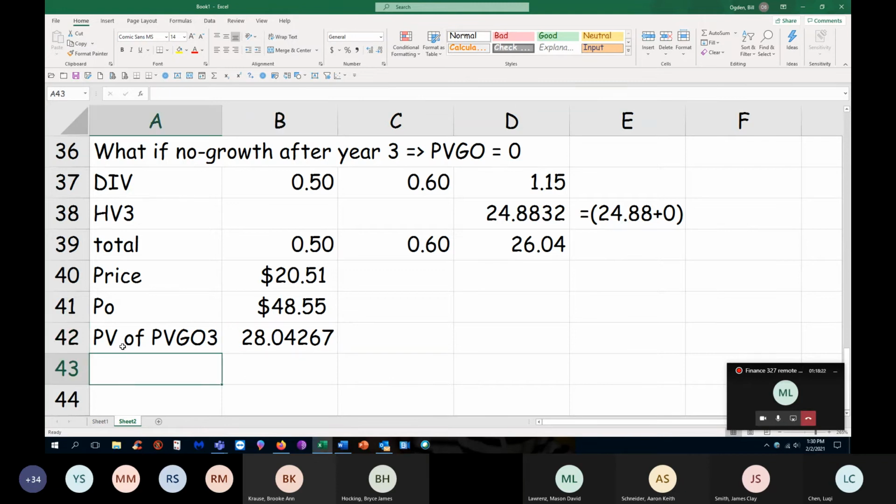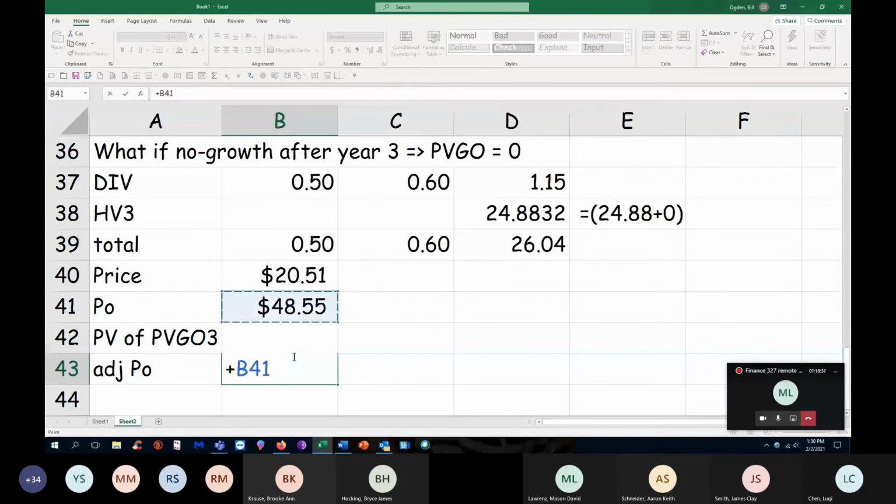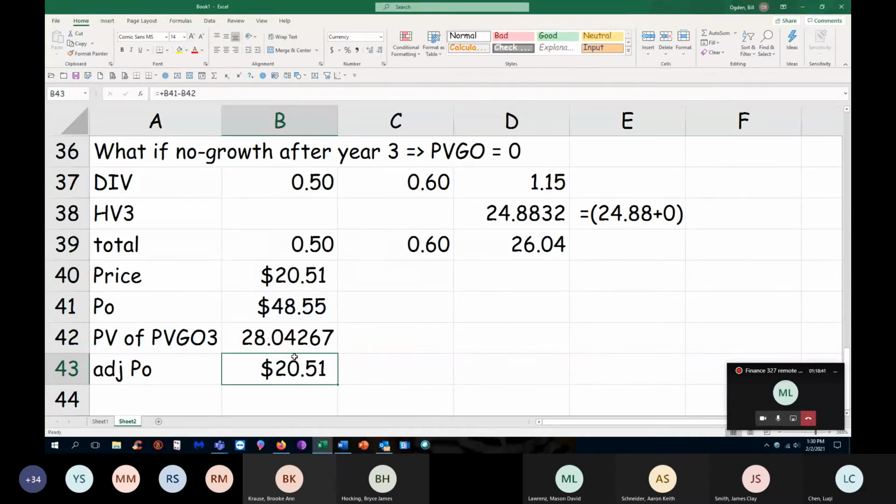And so if I adjusted P0, then we'll take that 28.04 out of the price, and we get 20.51. It has to come out exactly the same, doesn't it?